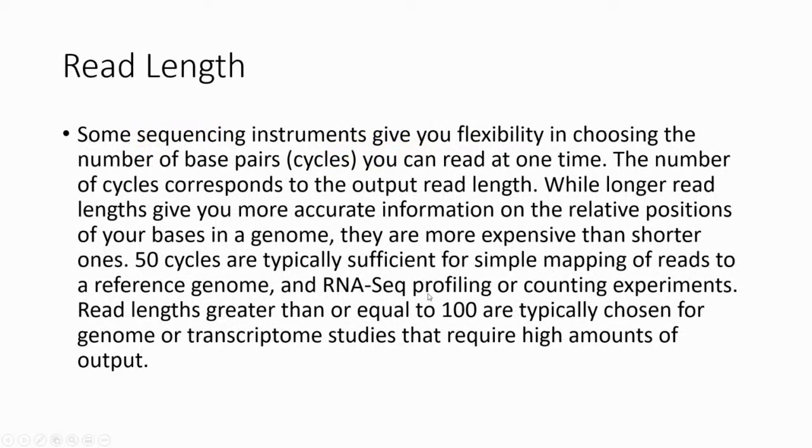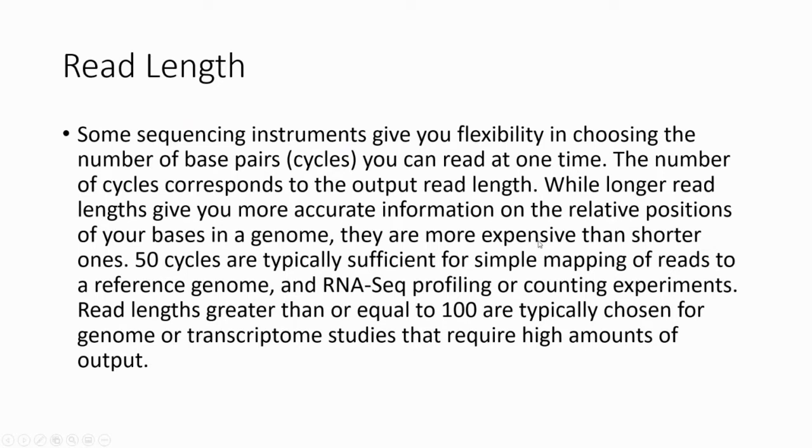That's the paired-end. And read length. So read length, as I mentioned, is the cycle, that's the number of base pairs that you can read at one time. And the number of cycles corresponds to the output read length, okay? So if the cycle is 600, then the read length is 600, okay? And longer read lengths give you more accurate information on the relative position of your bases in a genome.